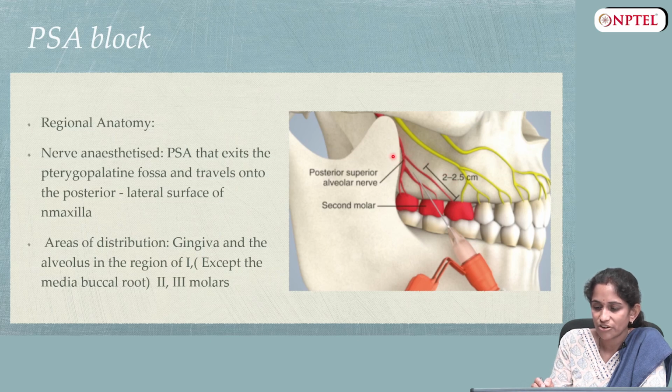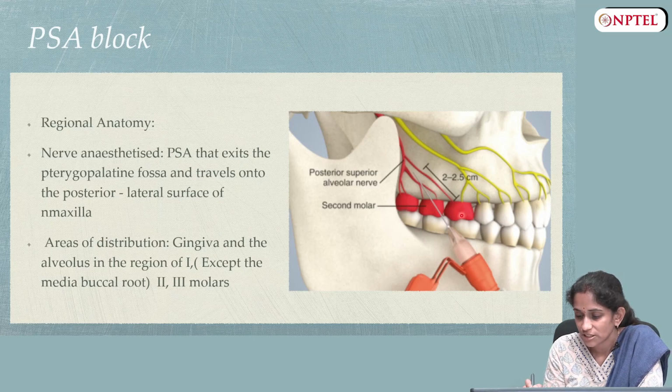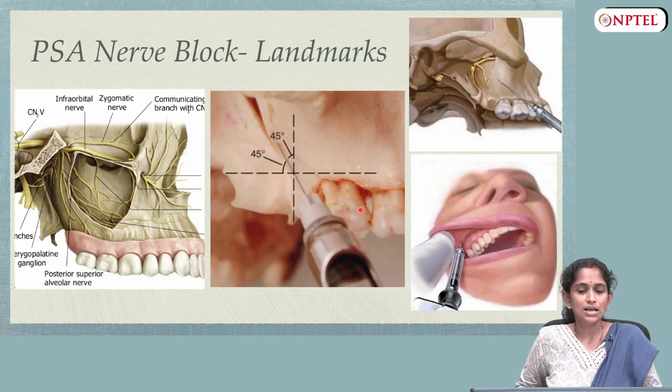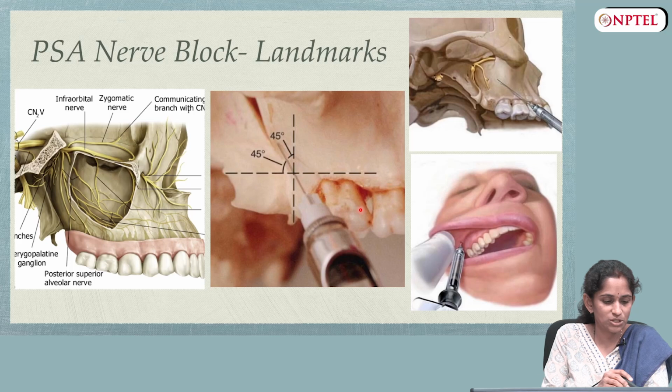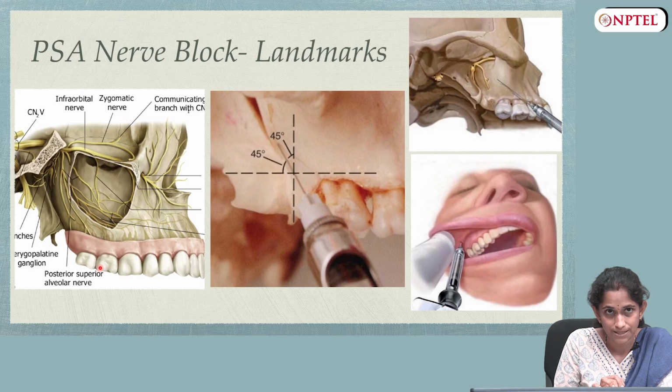So, this is where we tend to block the nerve. What are the areas that we anesthetize with this? We anesthetize all the three molar teeth and also the buccal gingiva of that area. This is the posterior superior alveolar nerve running in the soft tissues, whereas this is the part that is running within the maxilla forming the posterior superior dental plexus.